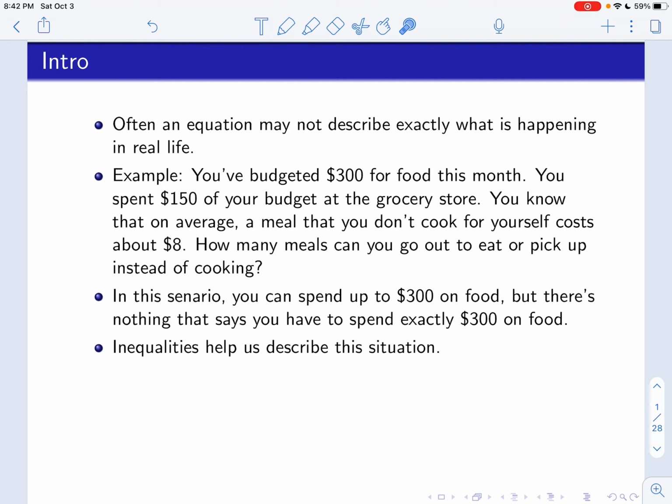So how many meals can you go out to eat or pick up instead of cooking? Well, in this scenario, you could spend $300 on food, but there's nothing that says you have to spend exactly $300 on food. You might spend less. So an inequality will help us describe situations like this and others.